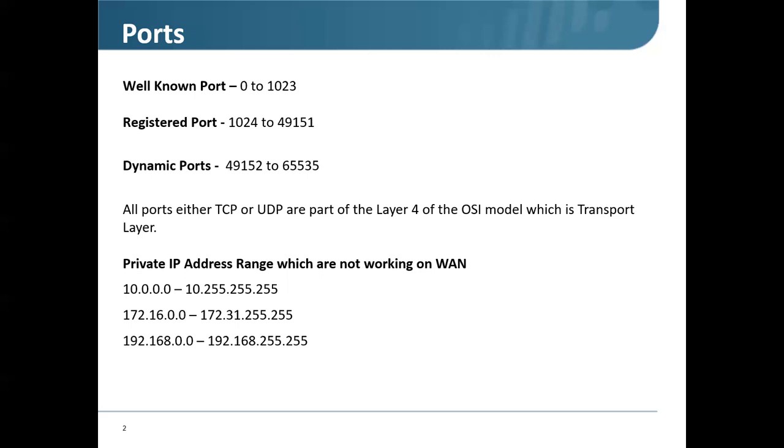So it is not possible to assign a public IP address for internet use to each and every single PC or single user. In that situation, these are the private ranges, in all three categories of IP addressing in IPv4.